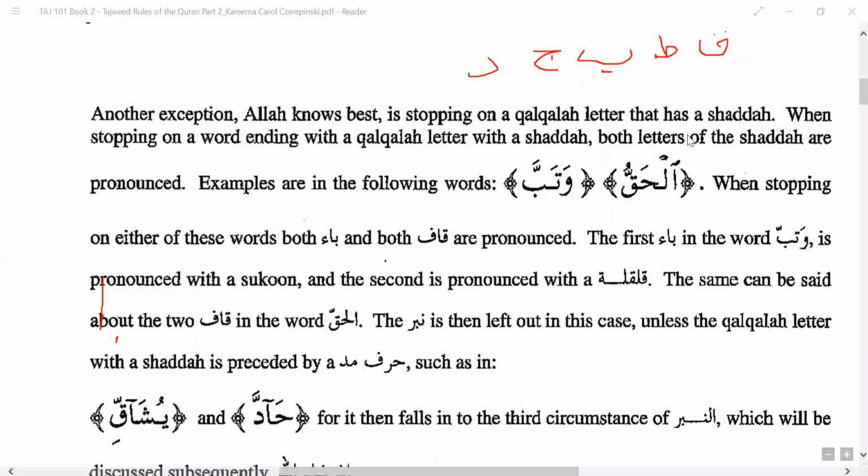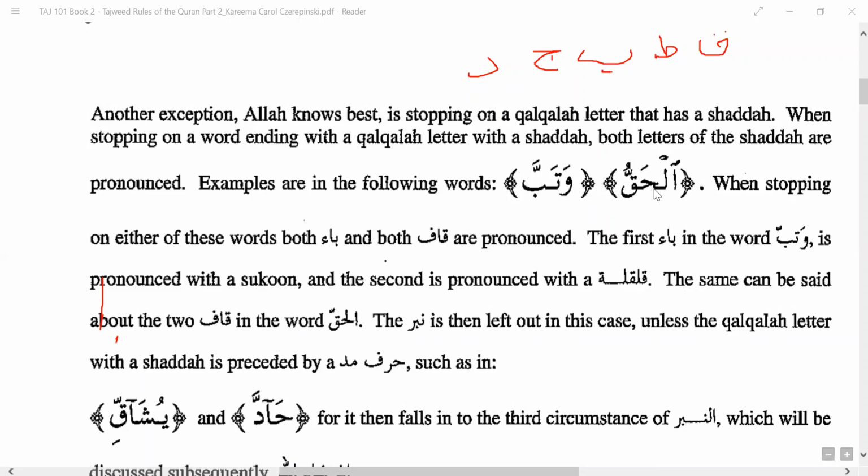The examples given are Surat al-Masad, you have this watab. When you stop on either of these words, which is watabba and walhaqu, both ba and qaf are pronounced. The first ba, which is in tabba, you have ba shadda, which is ba sukun plus ba fatha. So the first ba you will pronounce with sukun, and the second one you have to give a qalqala.